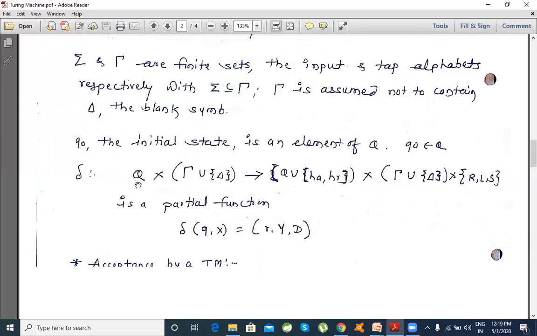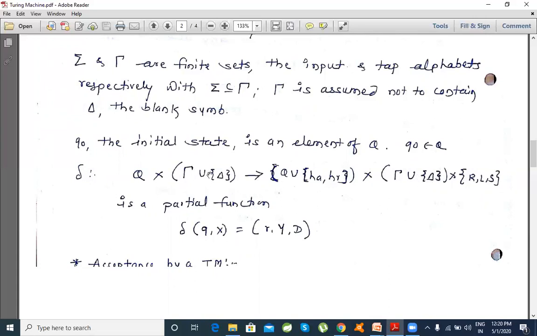From Q I can go to the next state, and this available input I can modify: I can replace the valid symbol either by a valid tape alphabet or by null.